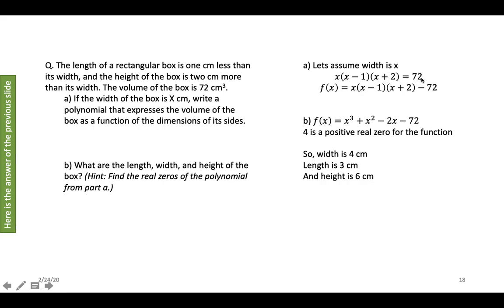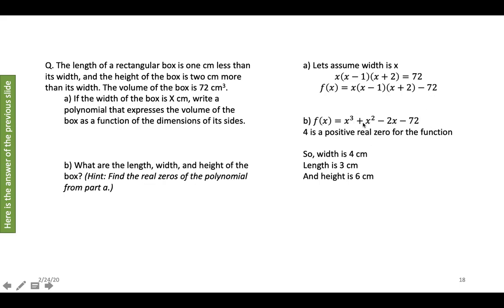They said the volume is 72, so length into width into height equals 72. In terms of function, we write it as this minus this, because the question said to write it in terms of a function. If we multiply these three terms, we get this line, and then minus 72.